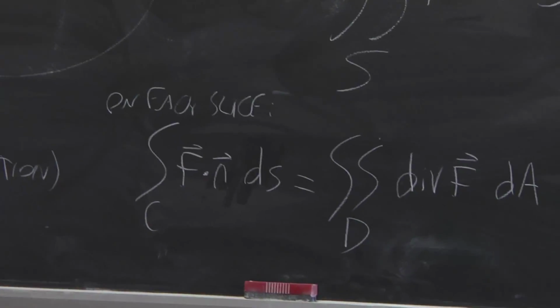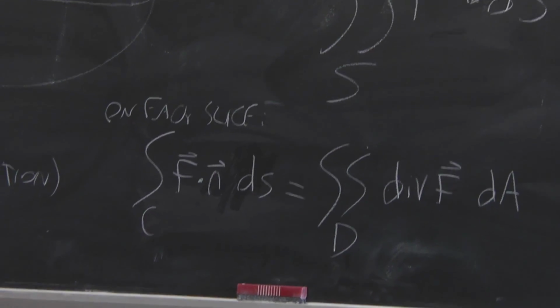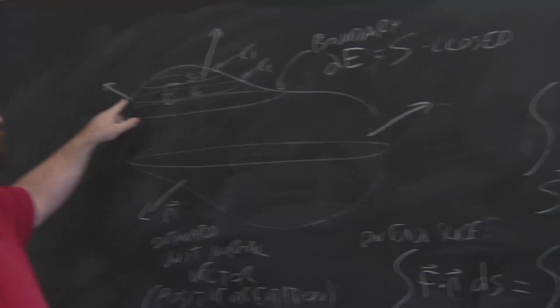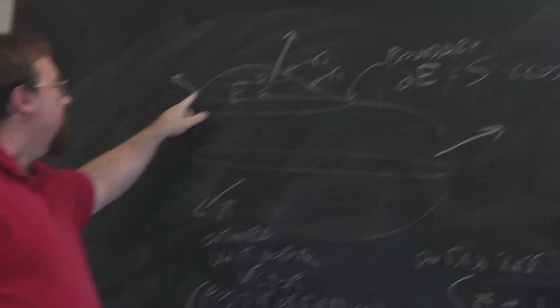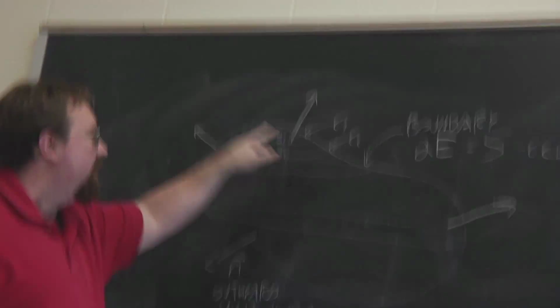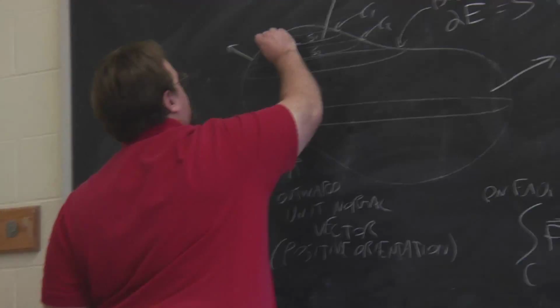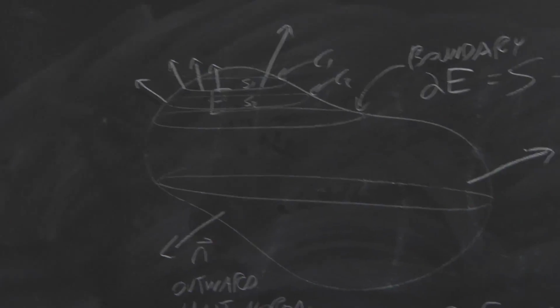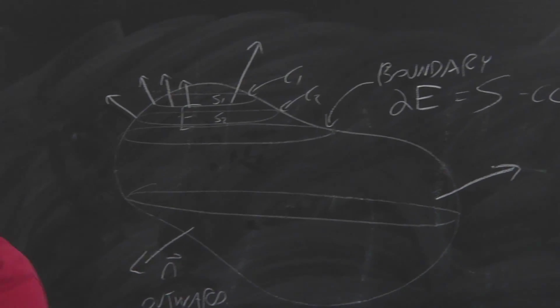To go along each curve, we have a normal vector to the curve, and if you set up these slices right, the normal to the curve is going to be the same as the normal to the surface at that point, because we're pointing in this direction from this curve. So this is what's happening on each slice.